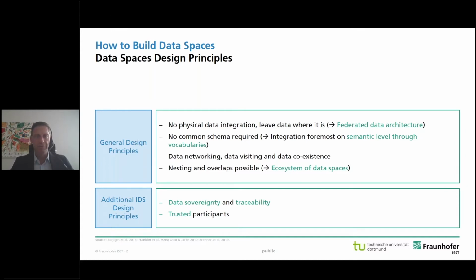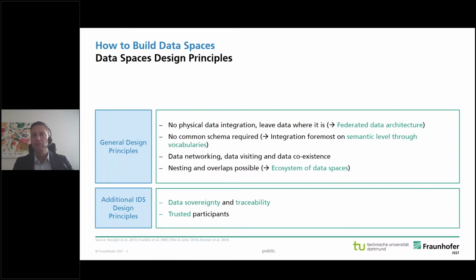So we do not want to force all the data into one database schema, but rather achieve integration and, as a consequence, also interoperability on a semantic level. Then we do not require one single source of truth. We allow for redundancies because the data is kept and stored also in a federated and distributed fashion. And fourth, which is really important, I believe, we foresee the possibility to have nested data spaces.